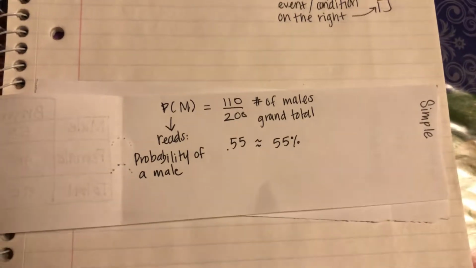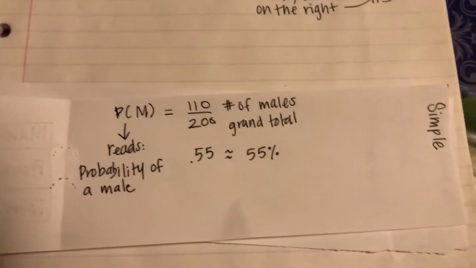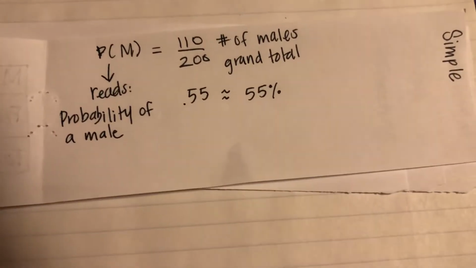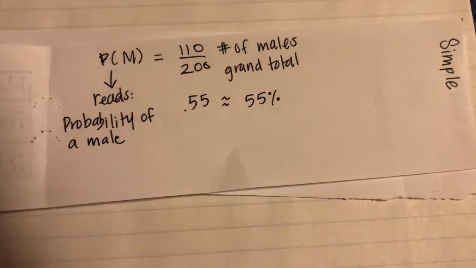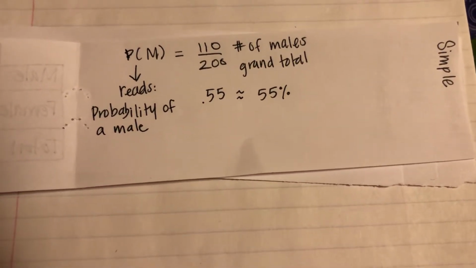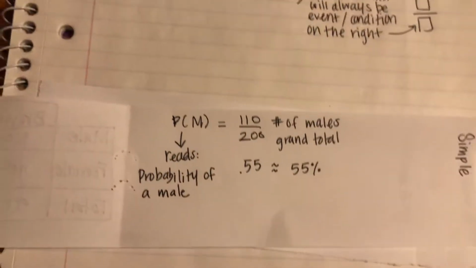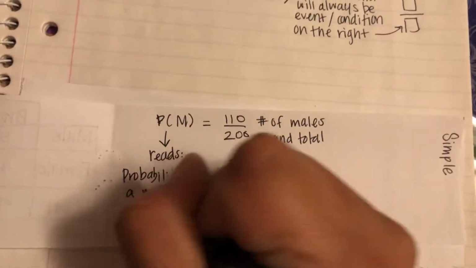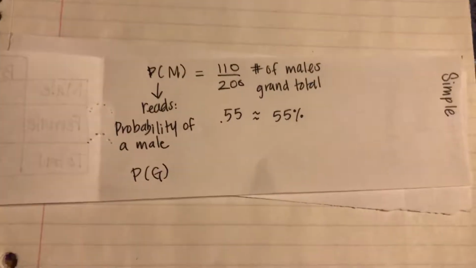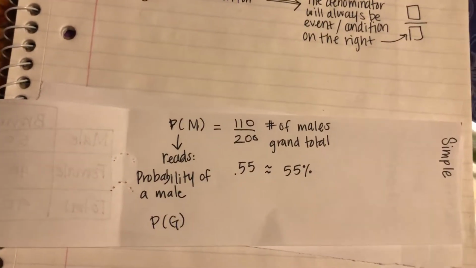If you want to do one more simple one like this, we can do the girls. What is the probability of a girl? Or actually, how about we do this: the probability of a person that was interviewed that just had green eyes. So this would read probability of green eyes.